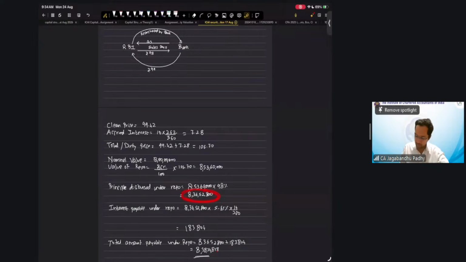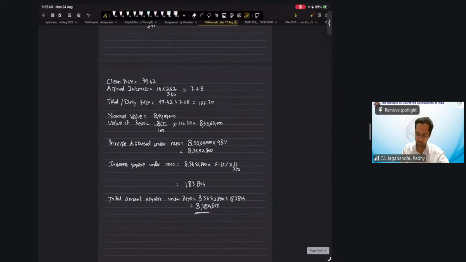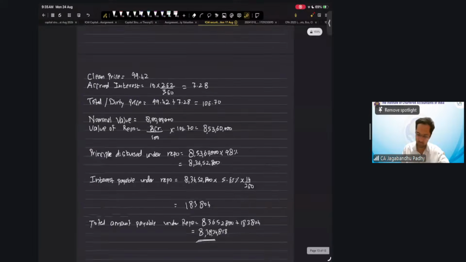And the return will be 8,38,34,858 instead of 98, you have this. So this 1,83,804 is the interest amount, and that only is the expense for the bank. And RBI's income is 1,83,804.